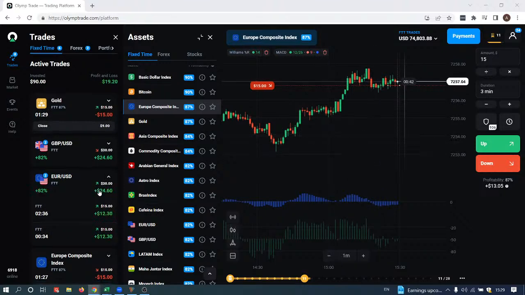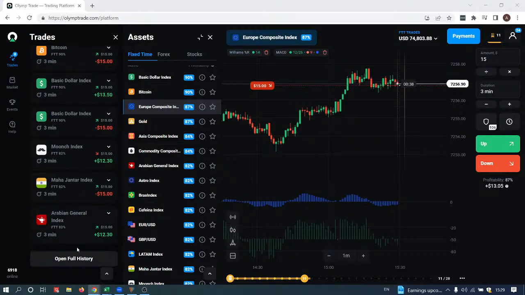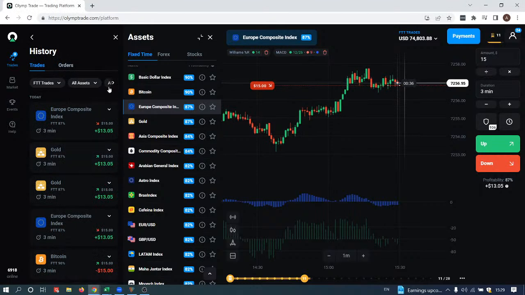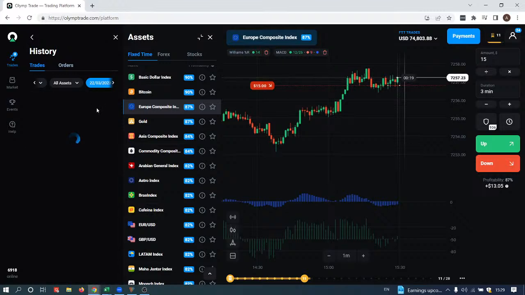So guys, let's have a quick look at some of my trades. Like I said, we can even filter them. I think it works like this. Can I copy? Apply. Is it going to work?